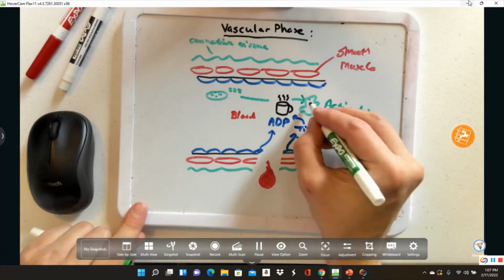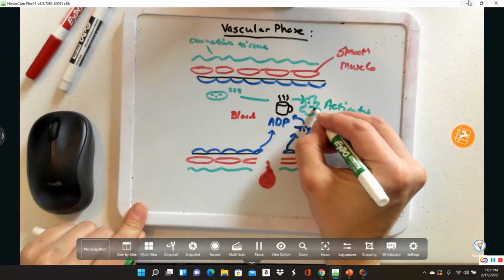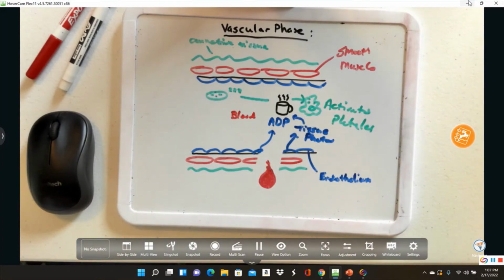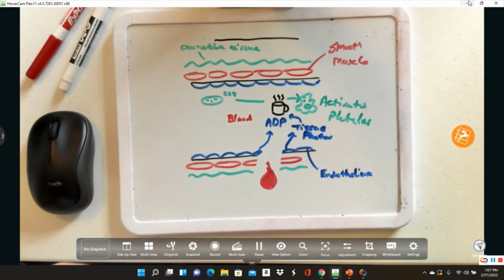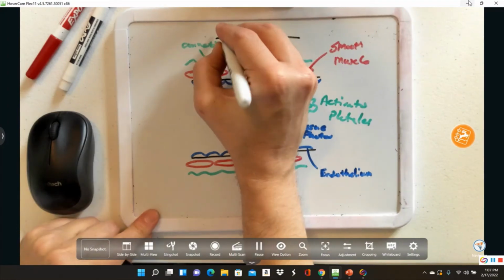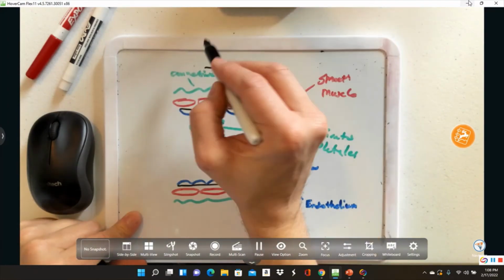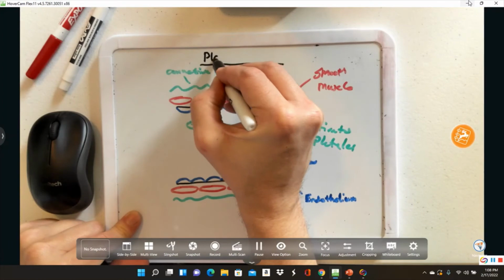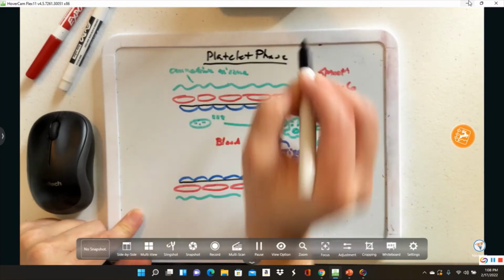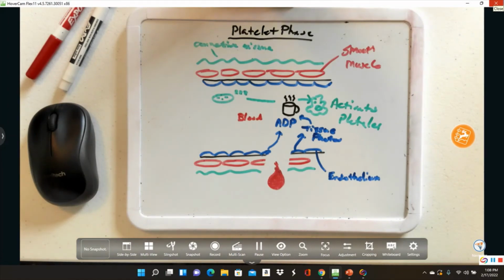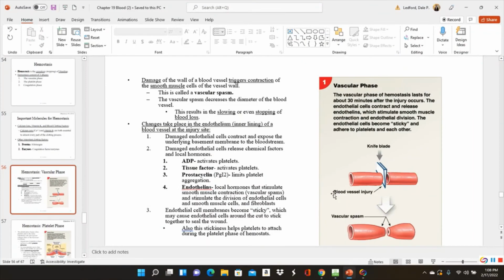So this platelet is now fully awake and no longer asleep, and he's active. And when he's active, he can help plug this hole. So the vascular phase will give rise to what is called the platelet phase. We're going to see how this sets it up.